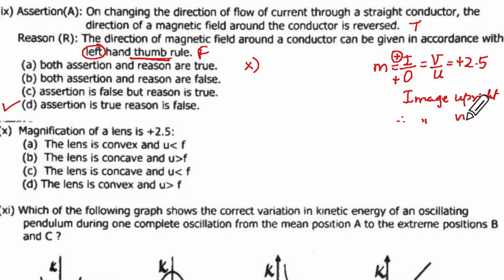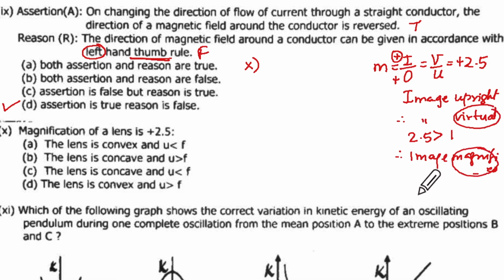Therefore image is correct. What does 2.5 mean? 2.5 is greater than 1, therefore image is magnified. So I have virtual and magnified image.